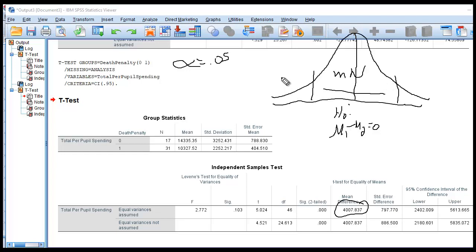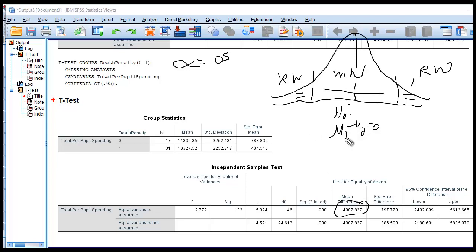Whereas if I observe a sample estimate that puts me out in this area or this area, these are called the region of rejection, in which case we would reject the null and infer that there is a significant population mean difference between the two groups.